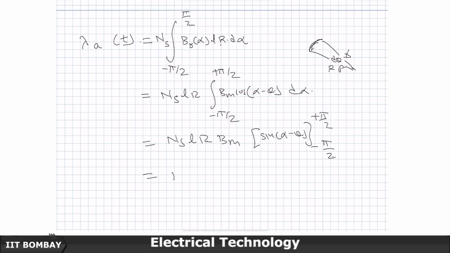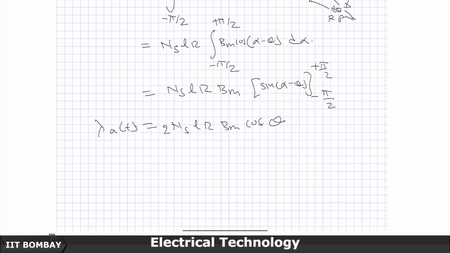So, therefore, it is Ns LR Bm times 2 times cos of theta. So lambda A of t becomes equal to 2 Ns LR Bm cos of theta.